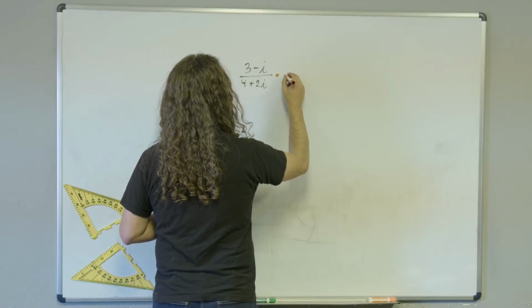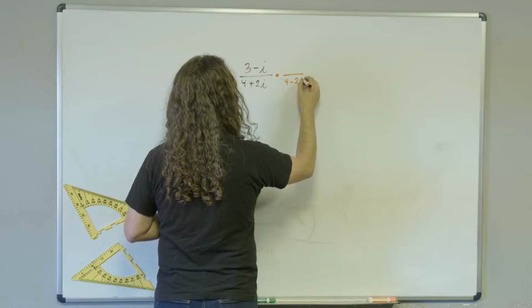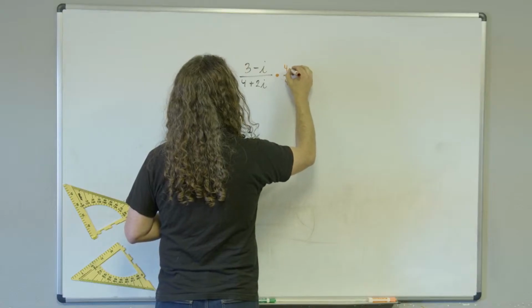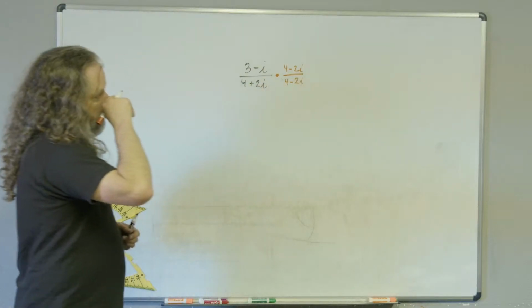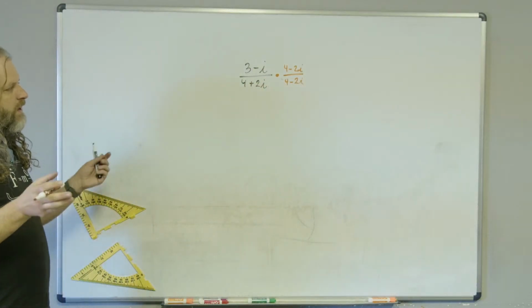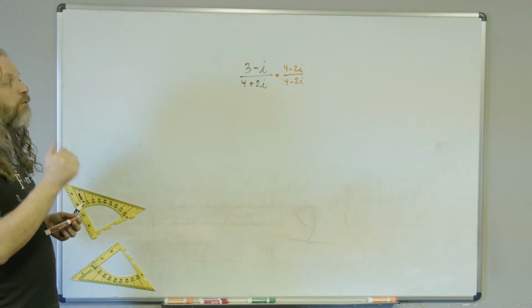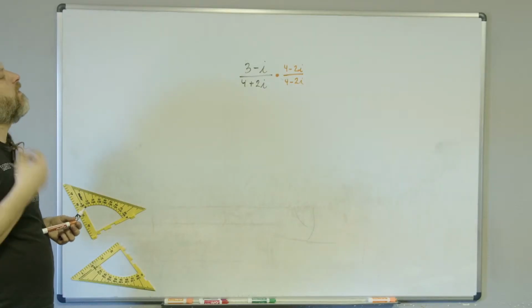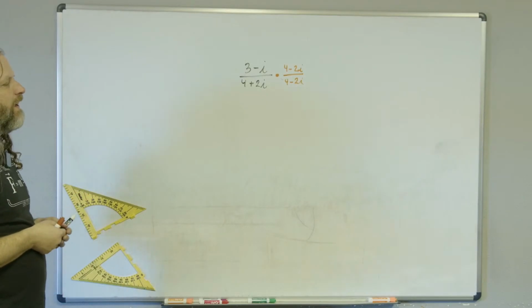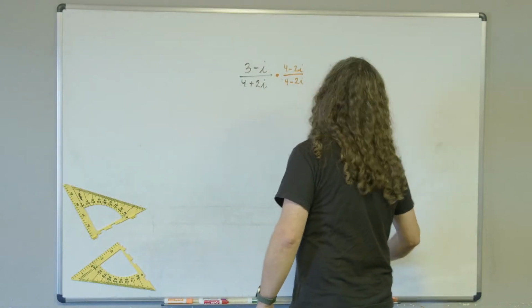A mistake I saw on one or two papers that I should note is that it has to be the same on the top and bottom, or else it's not equal to 1, and you can't just randomly multiply it. So it's got to be 4 minus 2i on the top and 4 minus 2i on the bottom, not plus on one and minus on the other. It could have just been a random mistake, but I want to make sure we understand that.